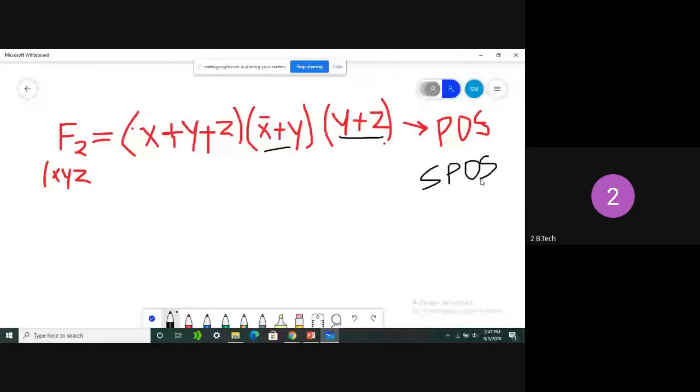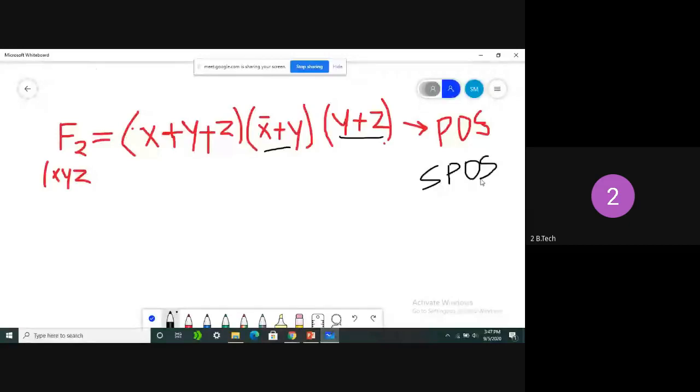Clear, all of you? Just like the steps we took in SOP: there are product terms related with an OR operation in between each term. To provide the missing terms, we multiply with 1.